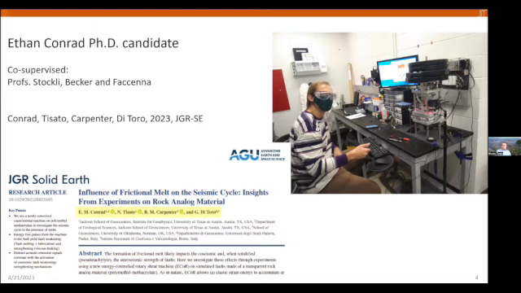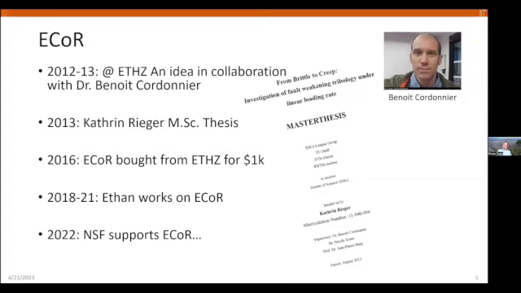So the ECoR, which is the machine you see here, has a long story. And it started in 2012, 2013 at ETH. And this was an idea in collaboration with Dr. Benoit Cordonnier. And we together designed the machine and built the machine. And in 2013, Ms. Catherine Rieger did her master thesis, and after that the machine stayed at ETH till 2016 without being used.